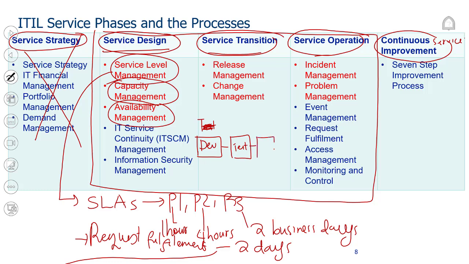And then pre-prod, for example. This is where you do the actual testing to make sure that you can accommodate the loads that you can have in production, and then finally you move to the production environment.